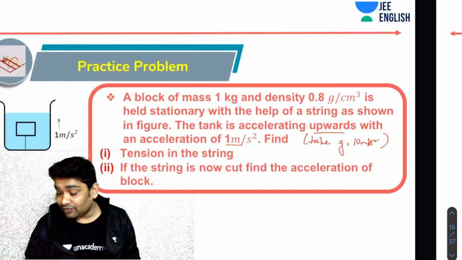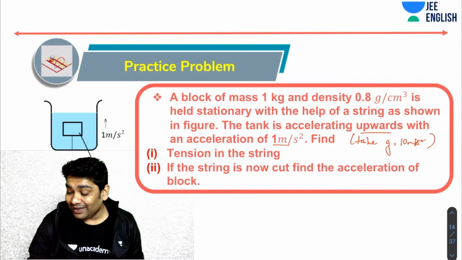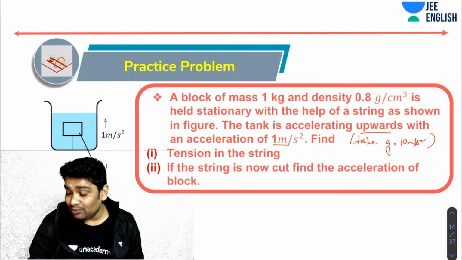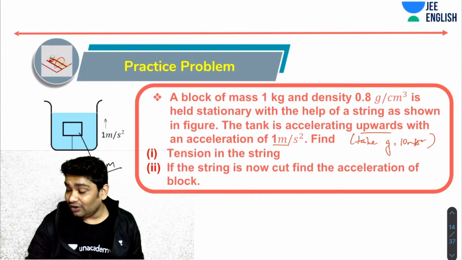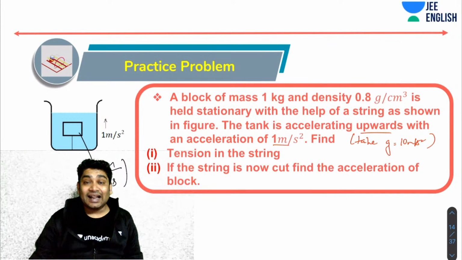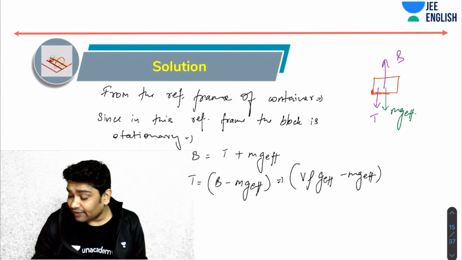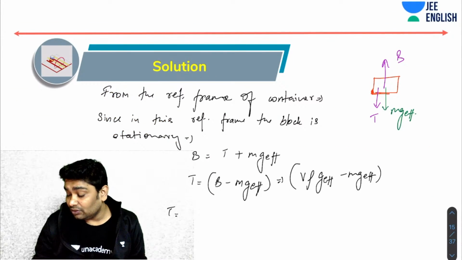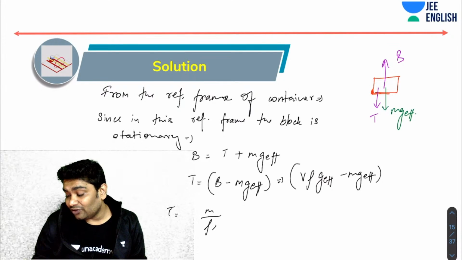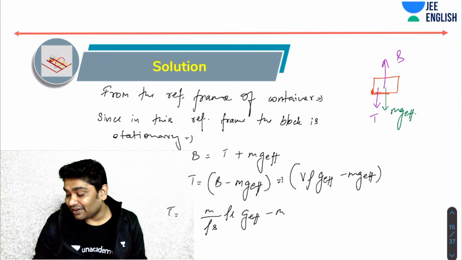If m is the mass, the volume would be m over rho of the solid, and that would be the volume of the liquid displaced also. So can I finally say that T should be equal to m over rho of solid times rho of liquid times g effective, minus m g effective.